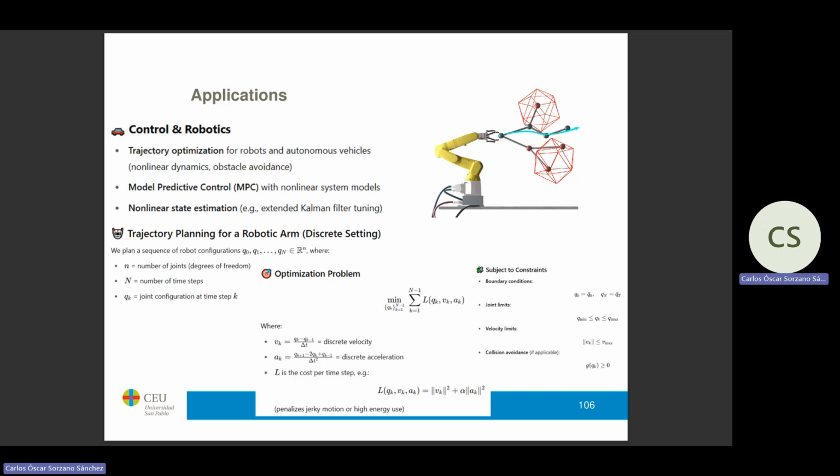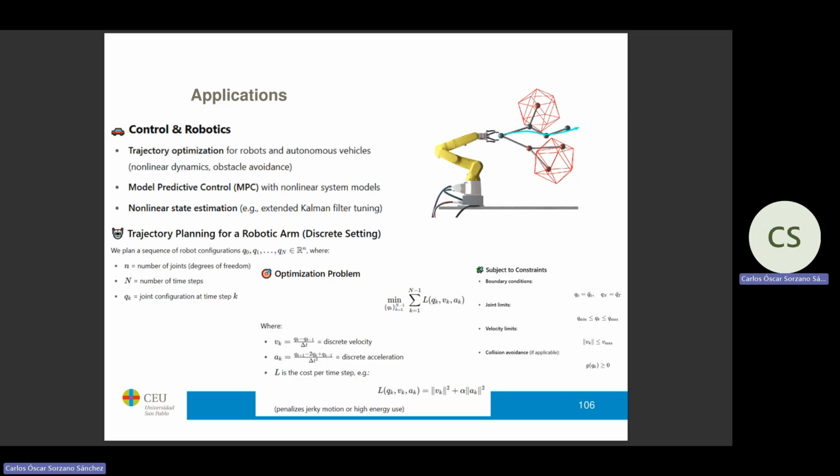So you have to control the N joints, and you want to minimize along these time segments the norm of the velocity and the norm of the acceleration. And you can measure the velocity and the acceleration in these ways. So you recognize approximations to the derivatives.